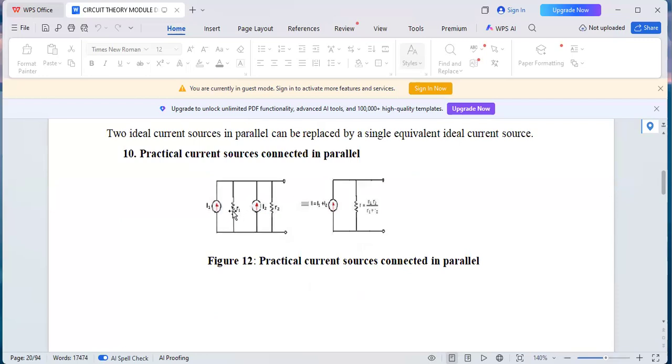Rather, it is in parallel with the source. So this is what you get. I is equal to I1 plus I2. And then R is in parallel. So you get R1 times R2 over R1 plus R2.